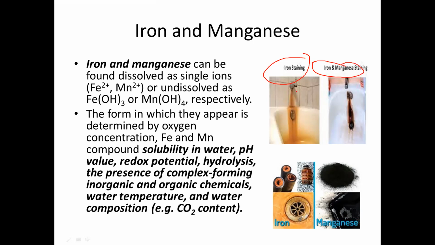So if you see your water is orangey or brownish, it's actually caused by iron. But once your water is black, it is contaminated with manganese. So black water is caused by manganese, and the reddish brown water that comes from faucets or pumps at times is caused by iron.